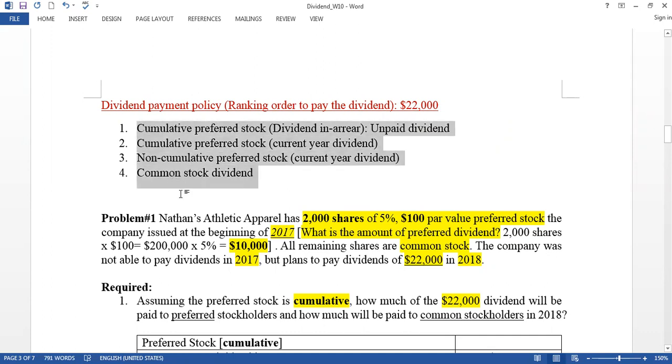So these 4 steps are important for your exam. I can give you a question by combining these 4 groups together. In one question, you will have cumulative, non-cumulative, and common. And cumulative, you know how to handle this.